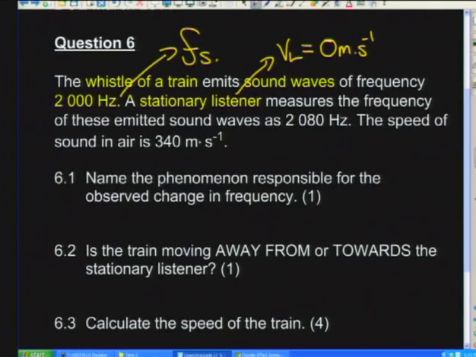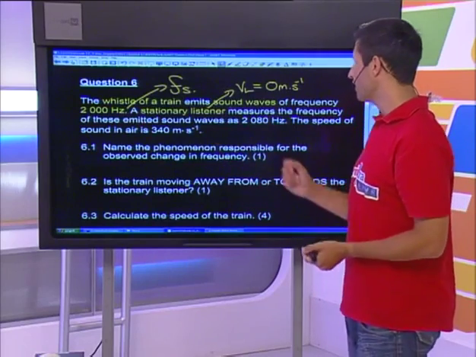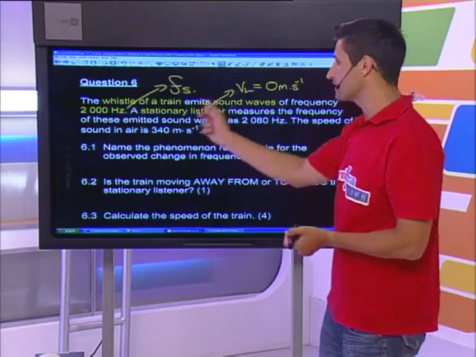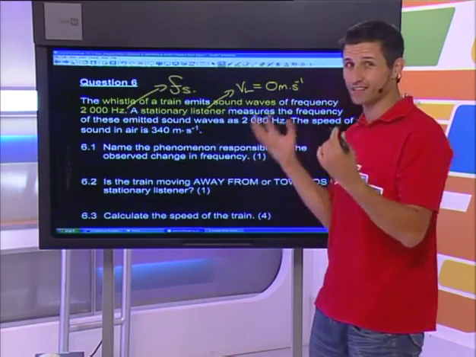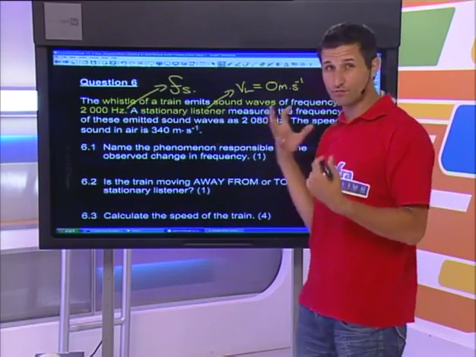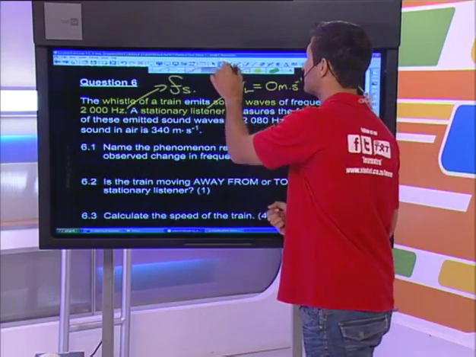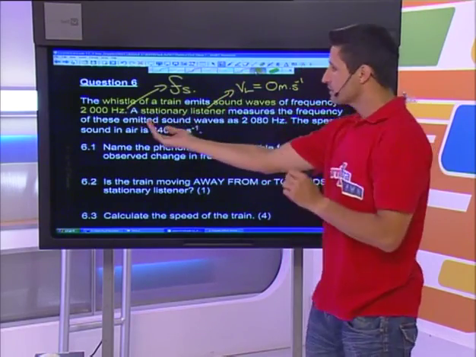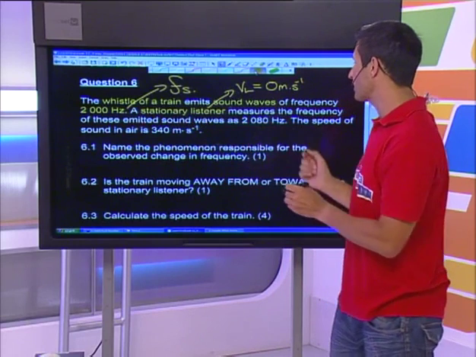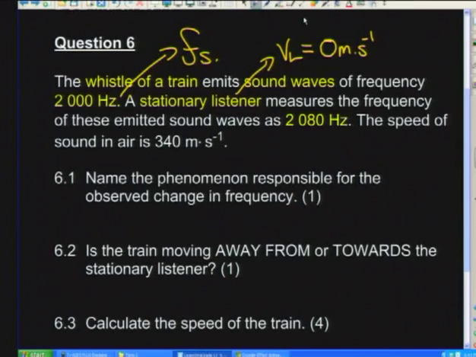Very nice, because that's going to make my Doppler simpler. Okay, it measures the frequency of these emitted sound waves. Remember, you can't hear frequencies accurately unless you're a really well-trained musical professional. And this person is measuring the emitted sound waves as 2080 hertz.